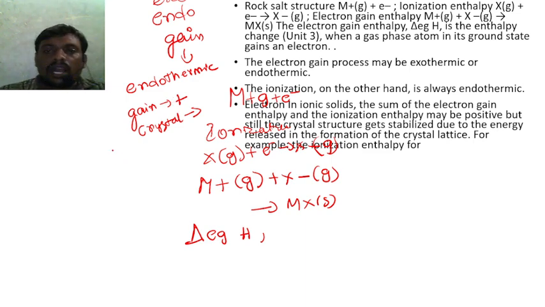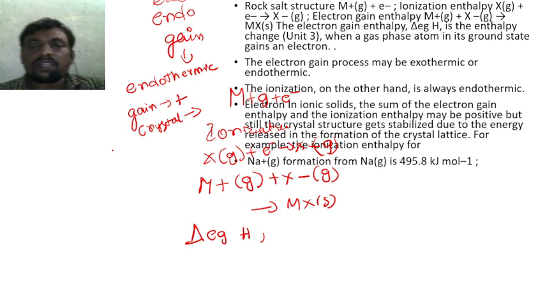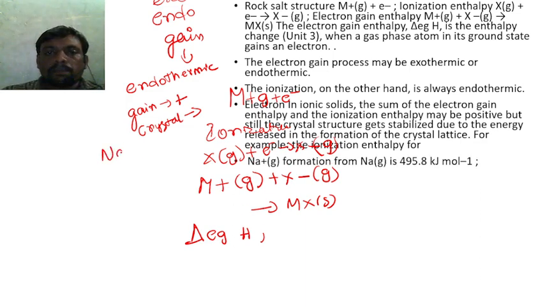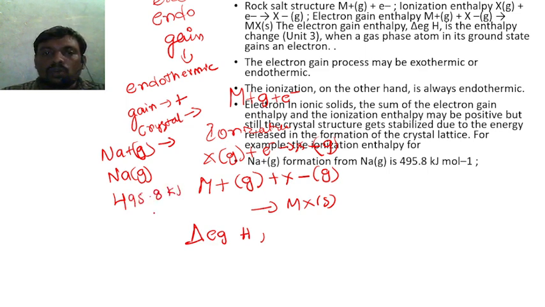For example, the ionization enthalpy for sodium, Na(g) forming Na plus (g), is 495.8 kilojoules per mole.